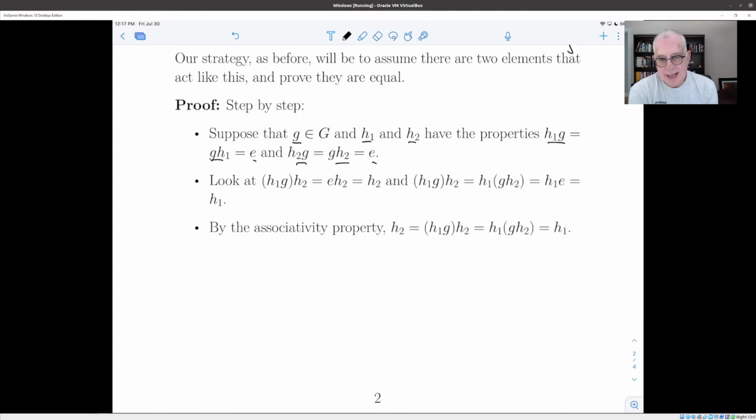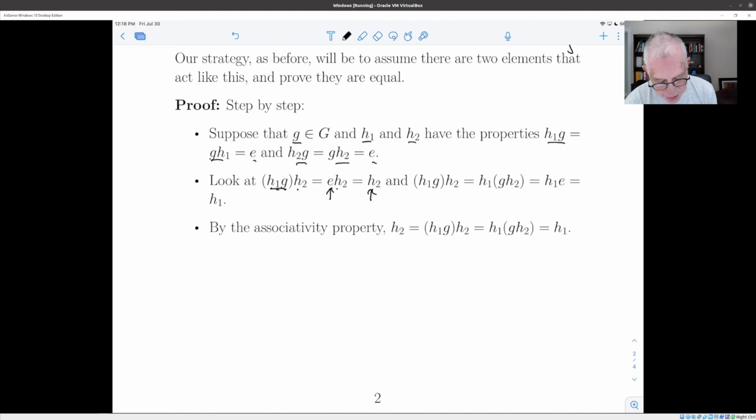Here's, if you like, the trick to the proof. We take H1 times g times H2, and we're going to use the associative law to read this in two different ways. On the one hand, it's H1 g times H2, and H1 g is the identity element because H1 is an inverse of g. So H1 g H2 is the identity element times H2, and that's H2 because the identity element times anything is that thing.